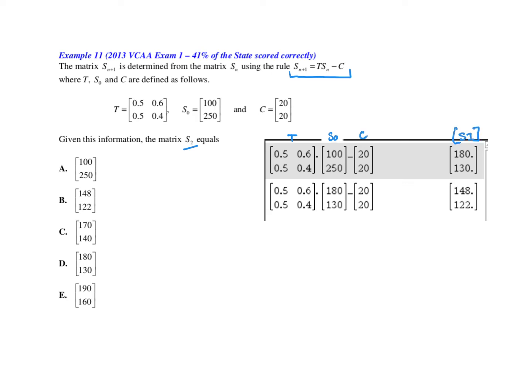Once we have S1, we can pop it into the formula, because this is how we find S2. And then we get this. So the answer is S2. So essentially we're putting this answer into the formula. You've got to go step by step.